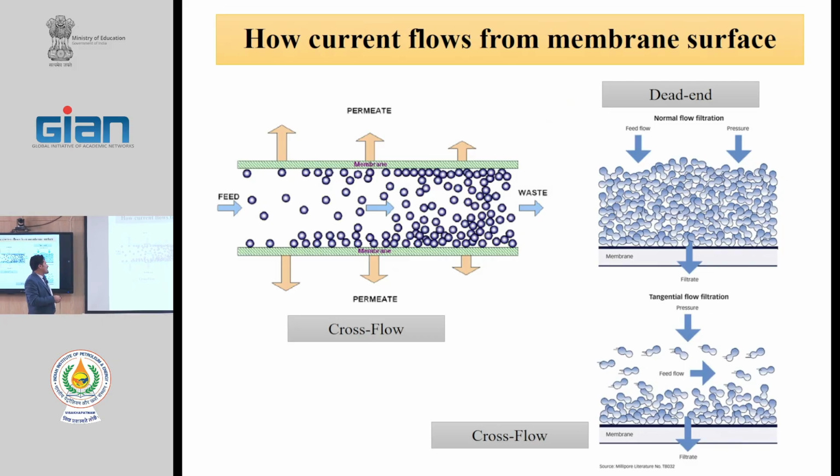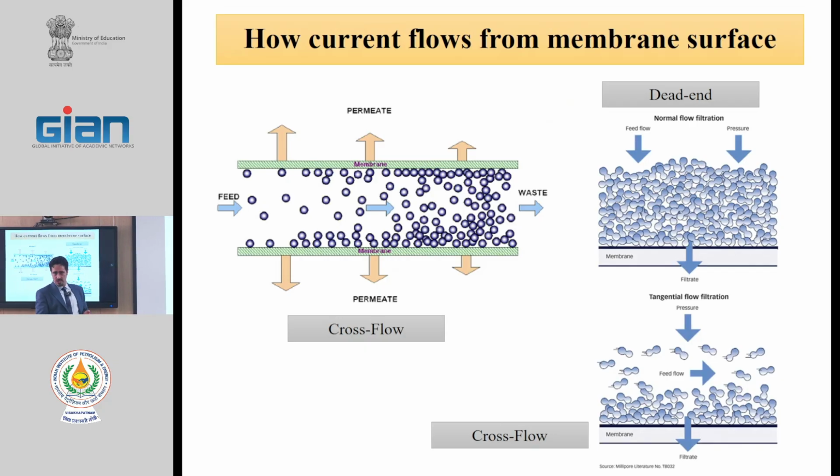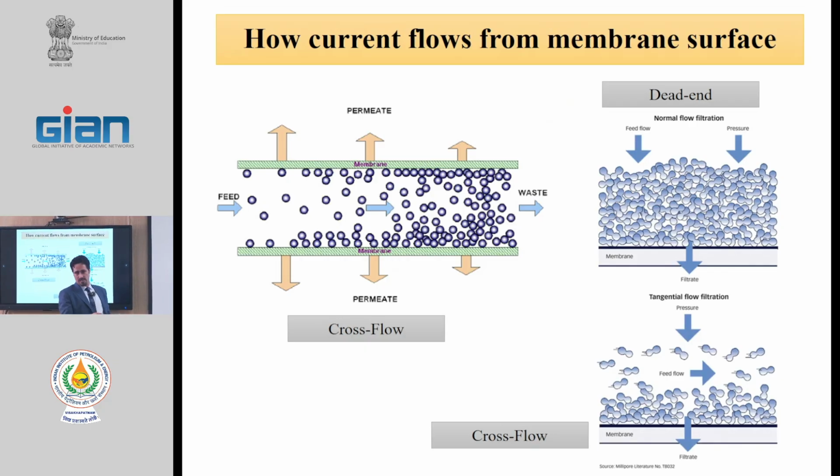In industrial cases, we mostly use cross flow because cross flow pushes all of the substances and foreign agents from the surface and sweeps the membrane surface, and reduces the concentration polarization and reduces the fouling.